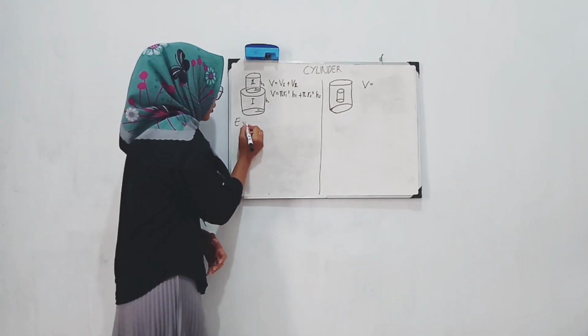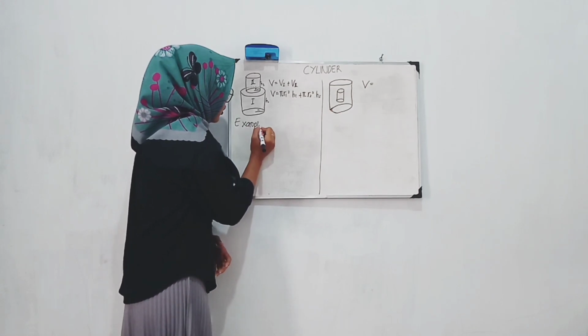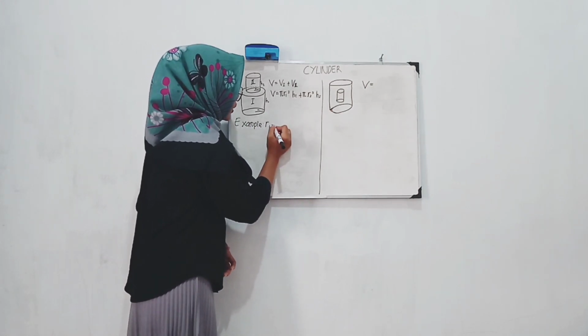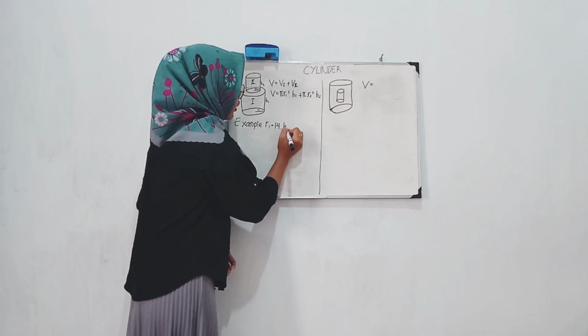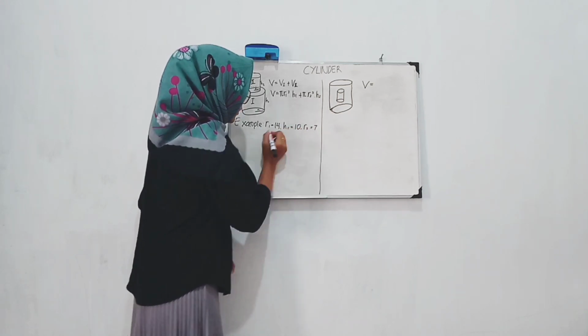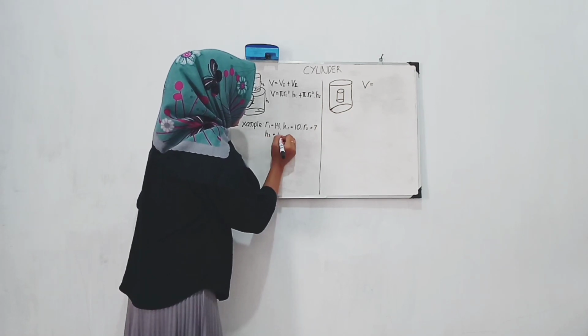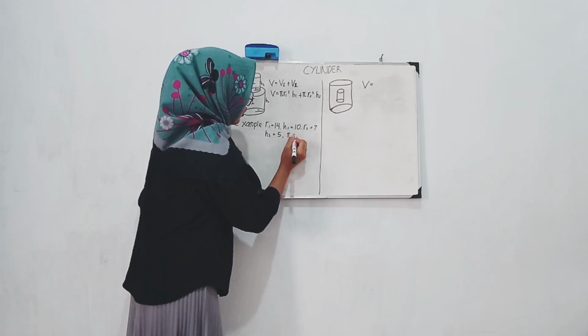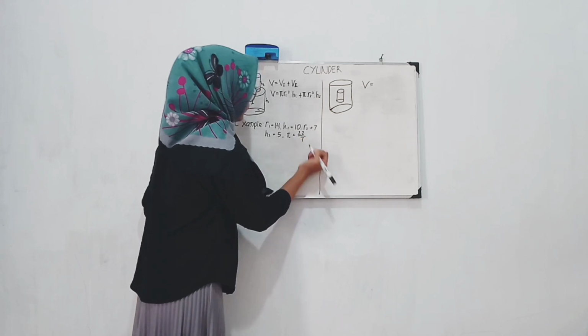Example, radius 1 equals 14, height 1 equals 10, radius 2 equals 7, height 2 equals 5, and π equals 22/7.